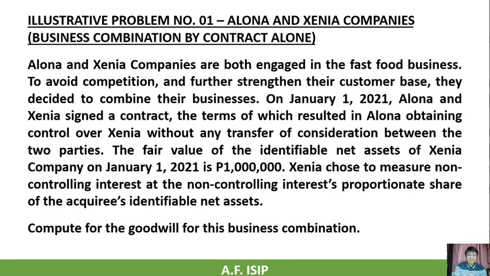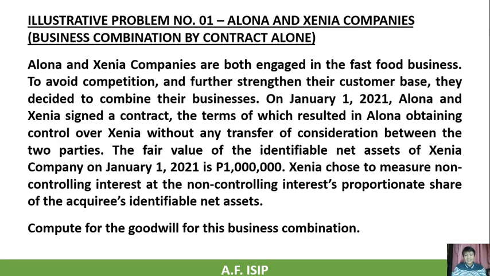What do you think is the reason why Xenia allowed Alona to gain control by mere contract without transfer of consideration? This is an industry practice. One company may gain control of another company without any consideration, meaning the acquirer, in this case Alona, may be influential in the industry.